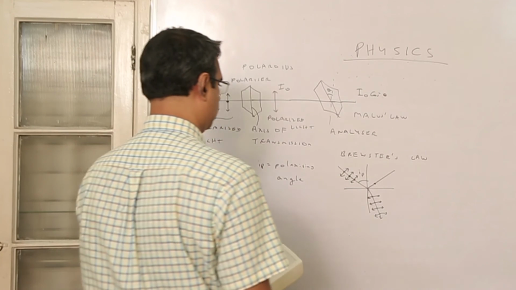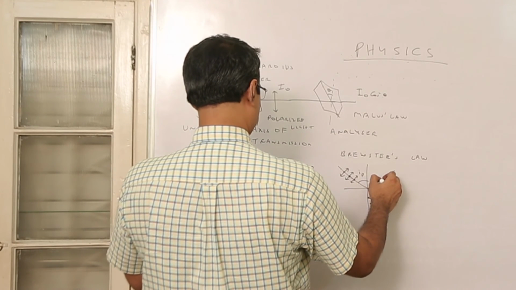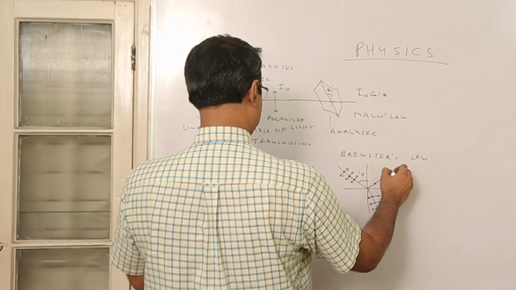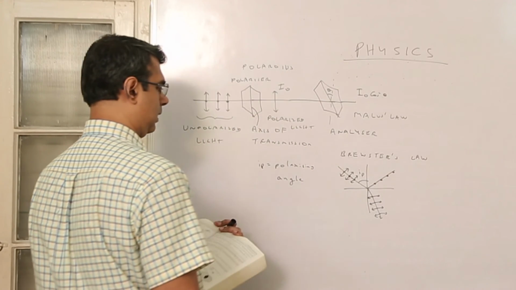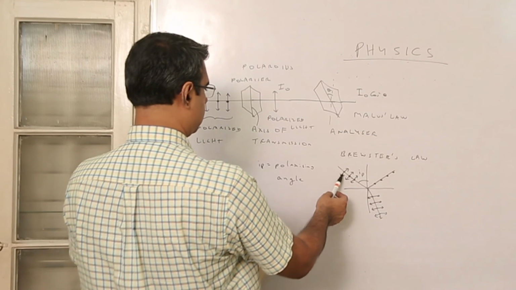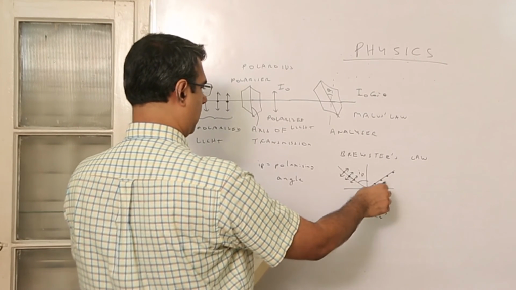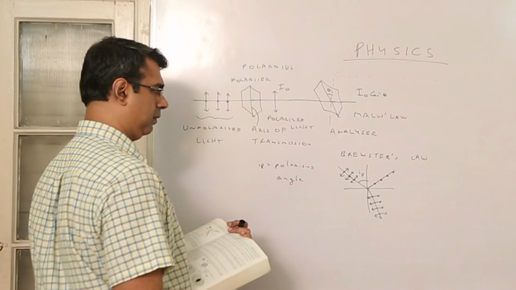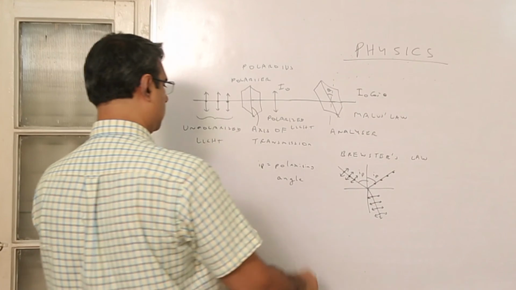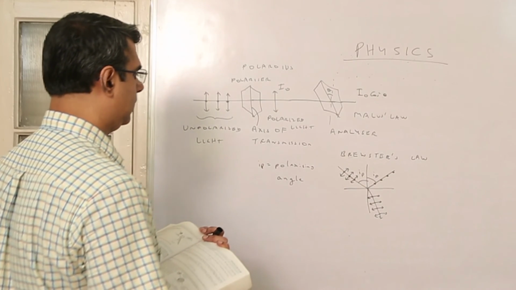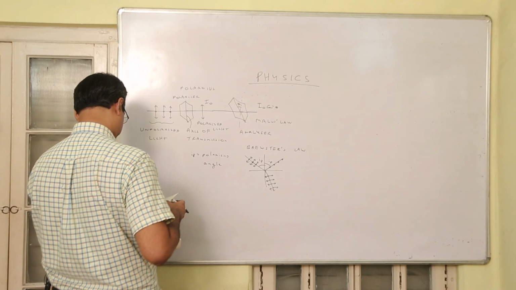According to Brewster, for a certain angle of incidence that is equal to polarizing angle, the reflected wave will be completely polarized. For example, you can see that this is unpolarized, but the vibrations on the board are completely missing in the reflected wave. So when the angle of incidence is equal to polarizing angle, that time the reflected wave is completely polarized.